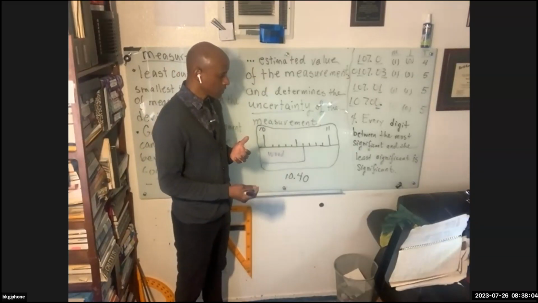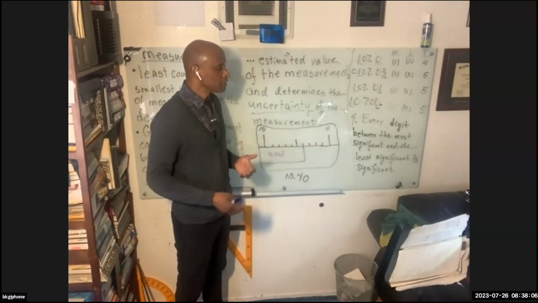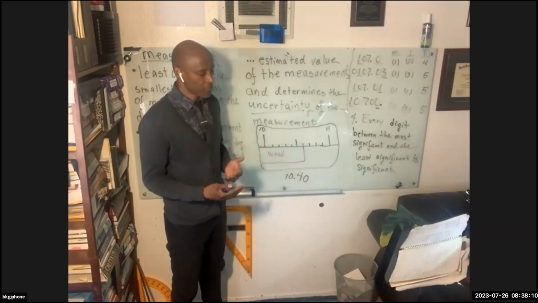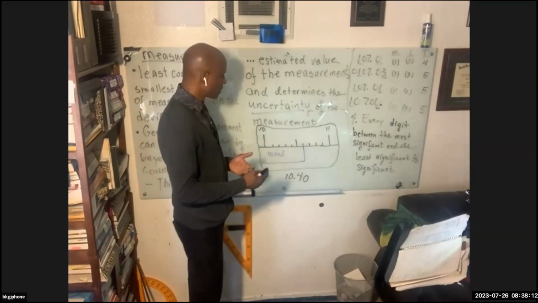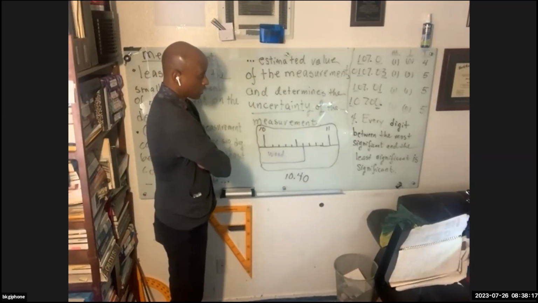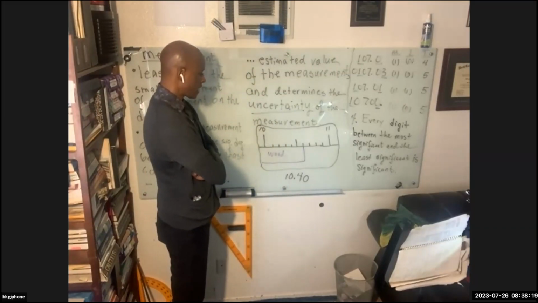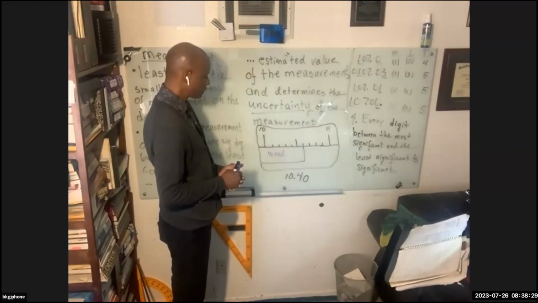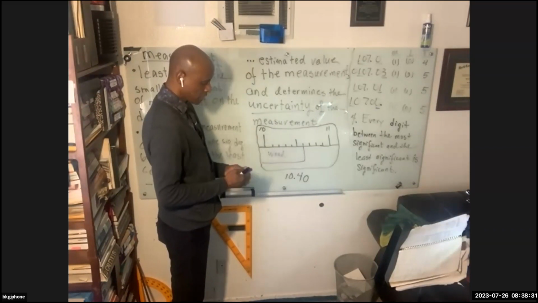So the uncertainty really tells you how precise a measurement you can make with the device, because by applying these rules to a device, it establishes the uncertainty of the measurement. Okay, so that's the case of a situation like that.